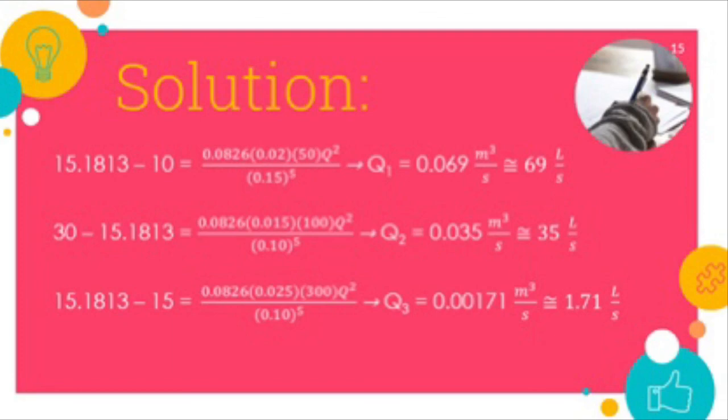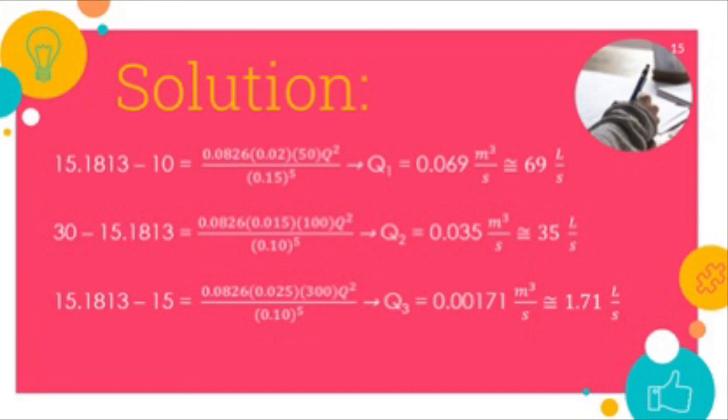The same process for flow rate 2 and flow rate 3. The answer for flow rate 2 is equal to 0.035 meter cube per second or equivalent to 35 liters per second.